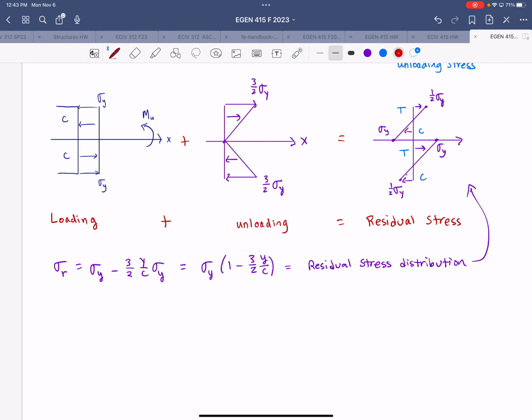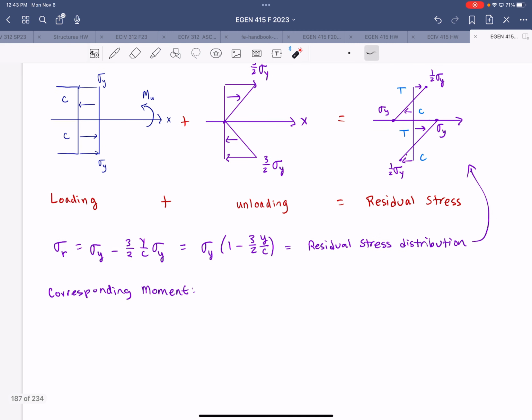We can also determine the moment that corresponds to that state. So again, taking advantage of symmetry, we only need to focus on 1/2 of the cross section. So we'll look at 1/2 and say 1/2 times the residual moment is equal to, since the yield stress is a constant value, we can bring that out front of the integral.